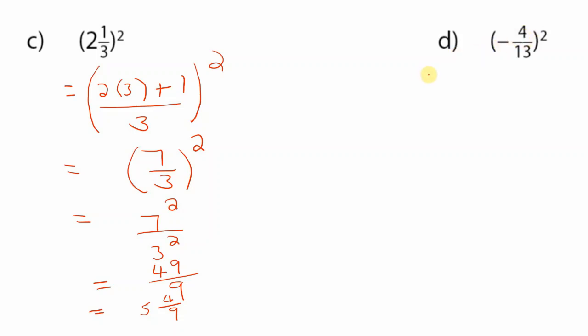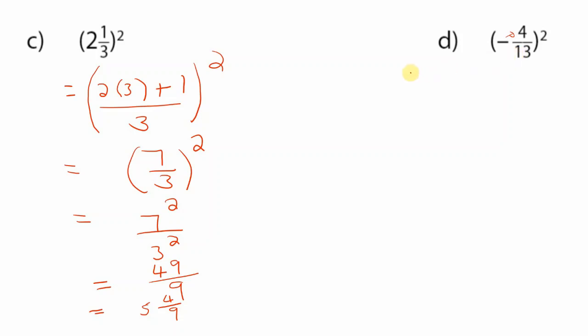Okay, so we have in brackets a fraction, it's squared, so we know we can separate the top and the bottoms and square each one separately. I'm going to include the minus as part of the negative 4. You could have used it as part of the 13.